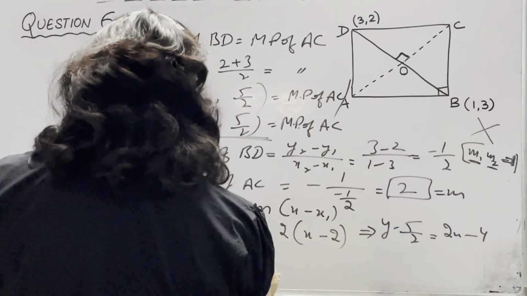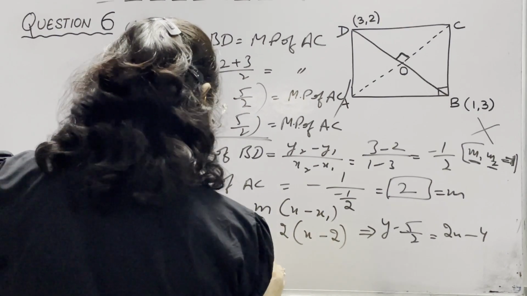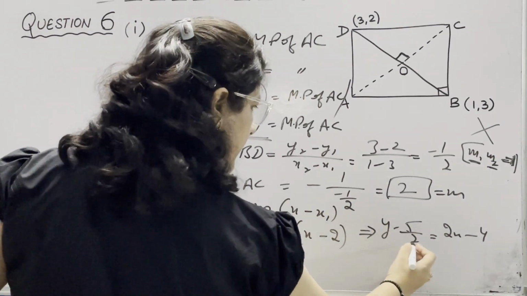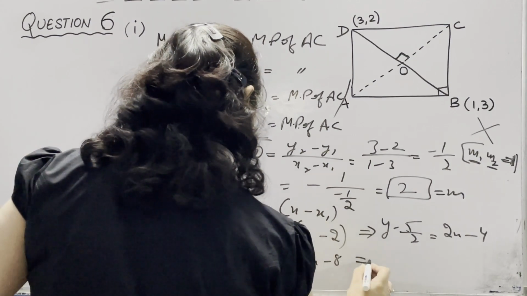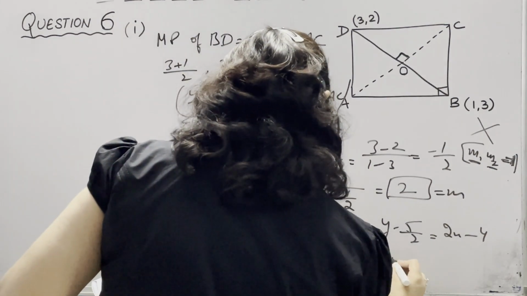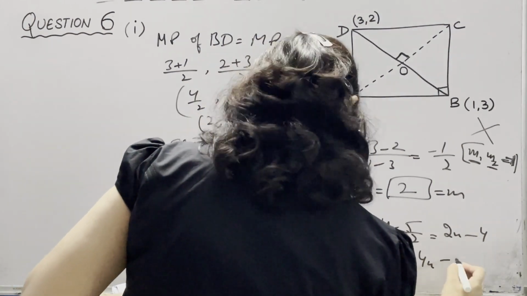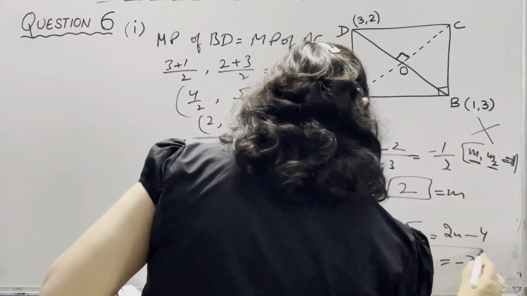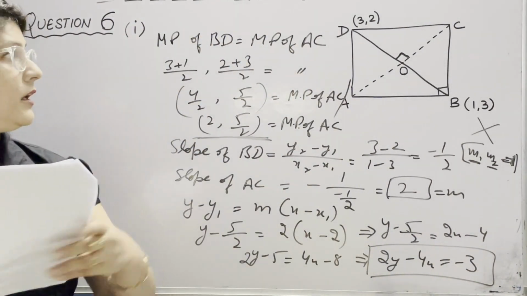By cross multiplication, 2y minus 5 is equal to 4x minus 8. So 2y minus 4x is equal to minus 3. This is the equation of diagonal AC.